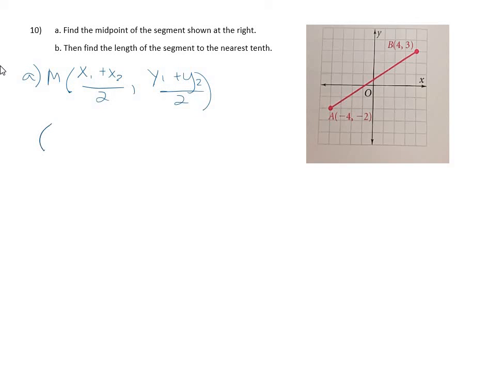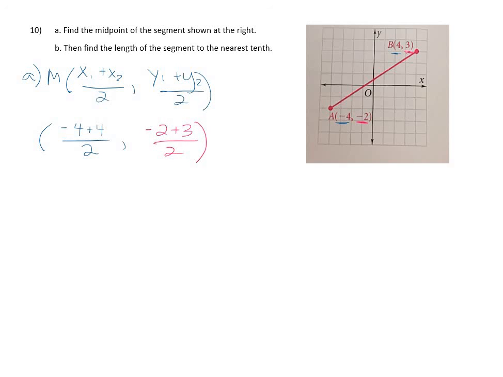So in this problem here, look for your x values, -4 and 4. So I have -4 plus 4 divided by 2. And my y values here, -2 and 3. So I have -2 plus 3 also divided by 2.